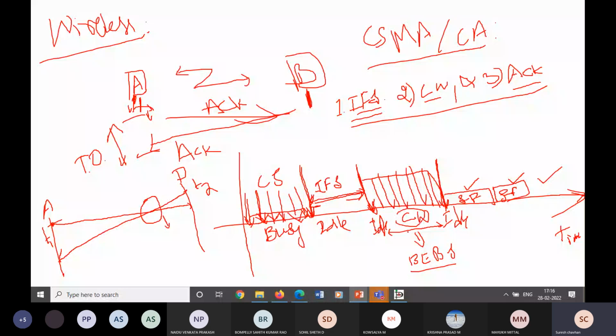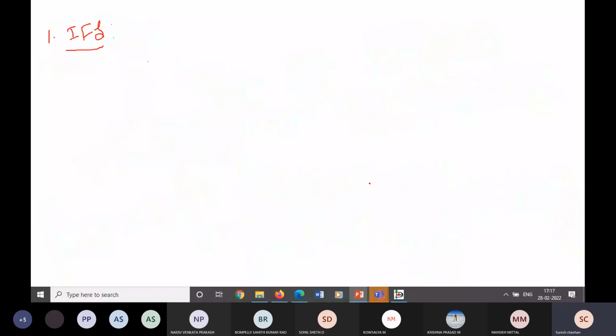In general, each of the stations will have a different IFS time period, so IFS provides priority to the stations. So that is the IFS.